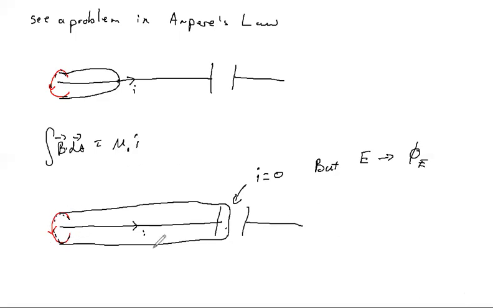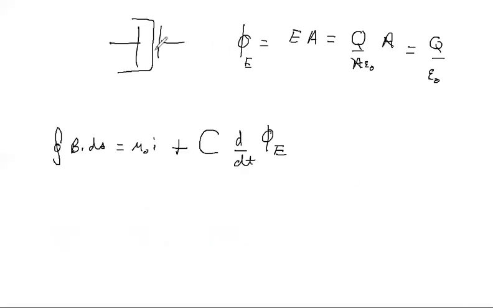But for the same Amperian loop, I could also route it through the capacitor, in which case I have an electric flux, and I can take its time derivative. If I evaluate on one curve or the other, I should get the same left-hand side. So it must be that mu naught I equals C times d by dt of the electric flux.